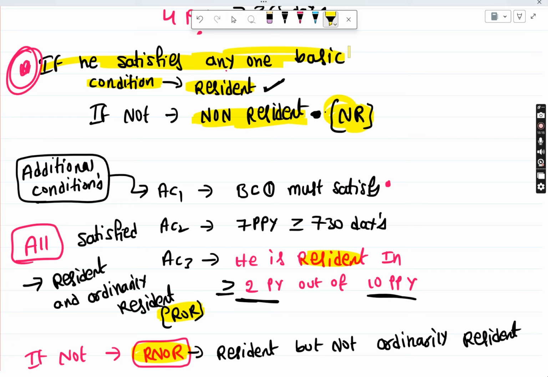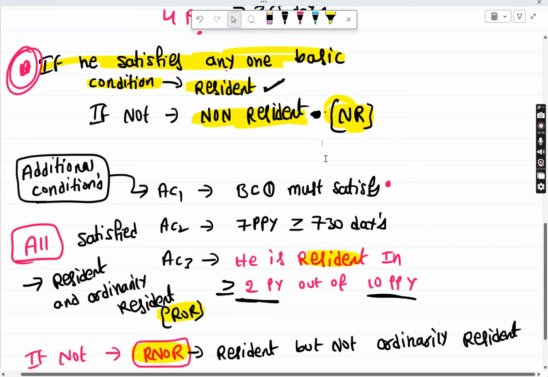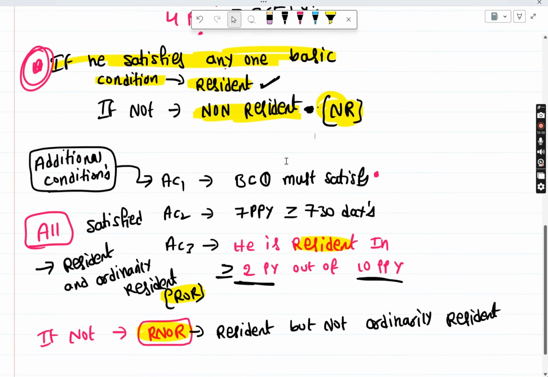Based on his residential status only, we will decide whether we need to tax that income or not. Sometimes if he is a resident, we will give some deductions. If he is a non-resident, we don't give. So it is very important to determine the residential status.